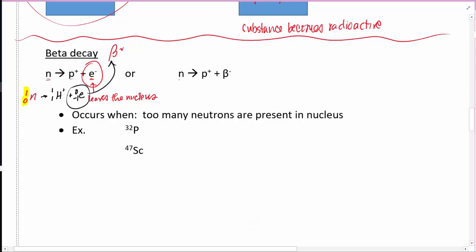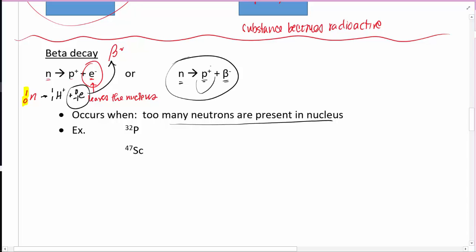Or you could write a neutron breaks into a proton and a beta particle, which helps to explain it being this high-speed electron. This occurs, we talked about this proton to neutron ratio. If there's too many neutrons present in the nucleus compared to the protons, then one of the neutrons can break down and it turns into a proton staying in the nucleus and this beta particle, which then leaves.